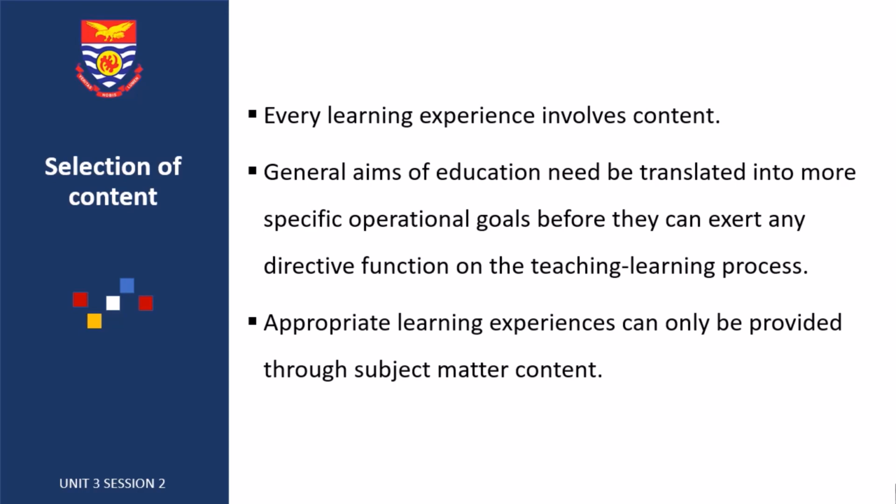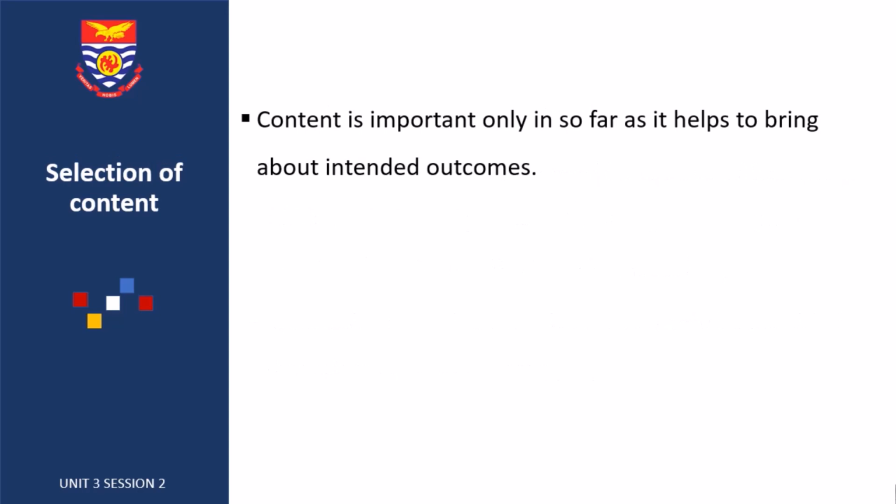So in our case, physics. So to achieve the general aims of physics, we provide content that is physics inclined. We provide content in the physics area to ensure that the general aims of study in the physics program are being achieved. Now let's continue with the selection of content.